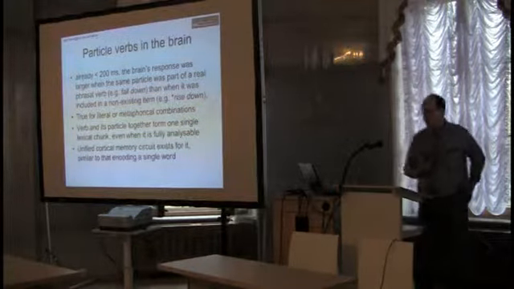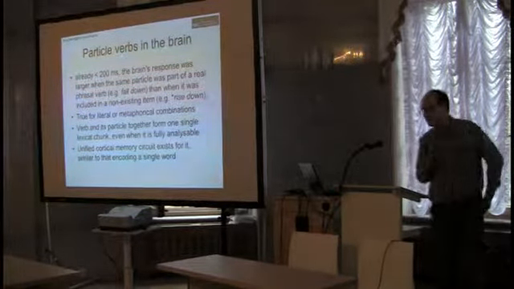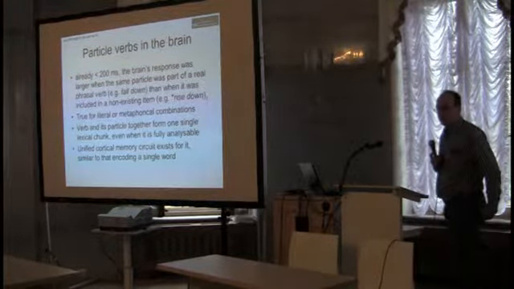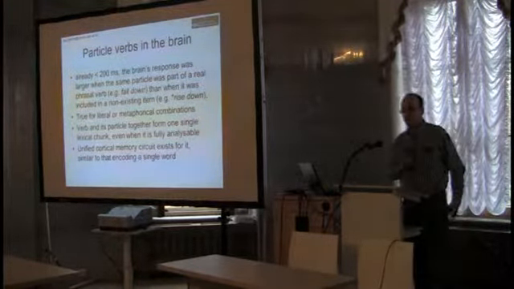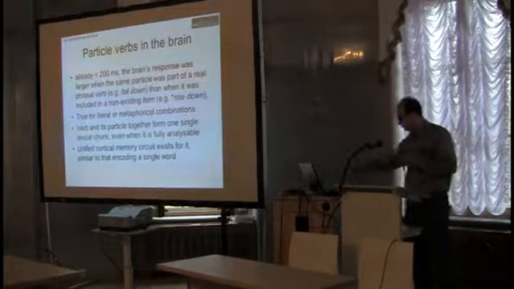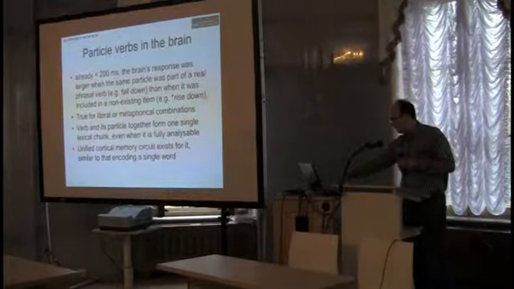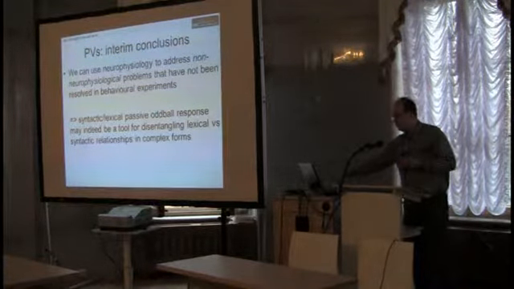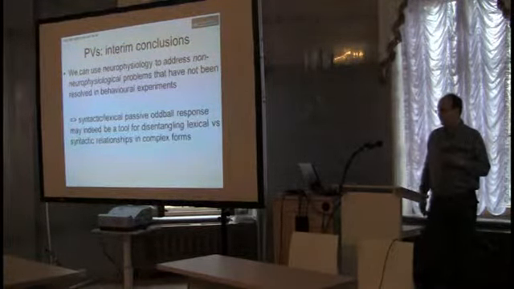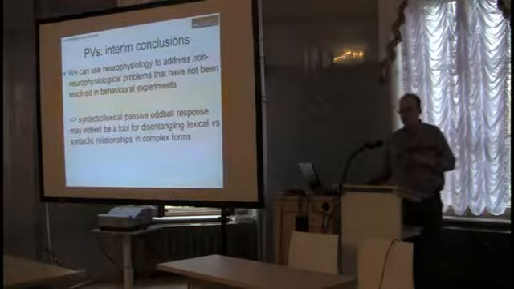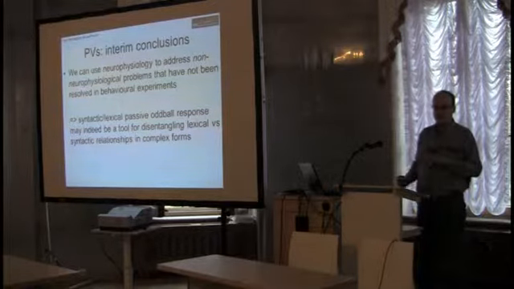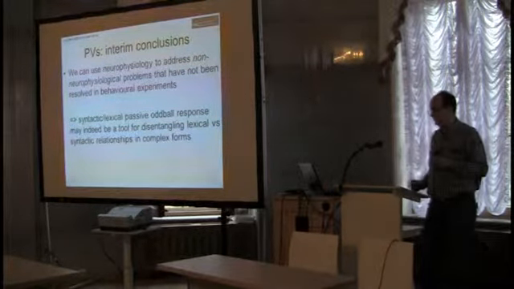So it seems like these possess unified cortical memory traces, which behave rather similar to those that exist for single words. So that's the first published demonstration of how this tool can be used to look at problems in morphology that could not be resolved in behavioral studies.